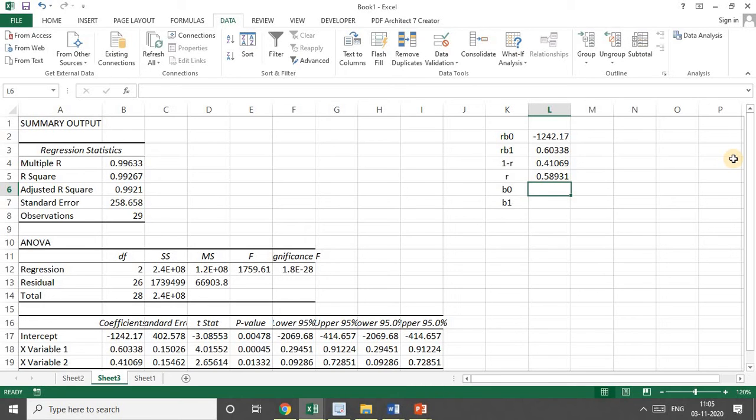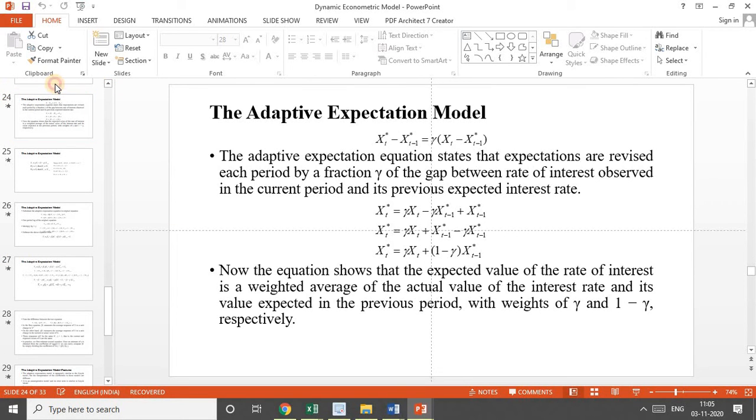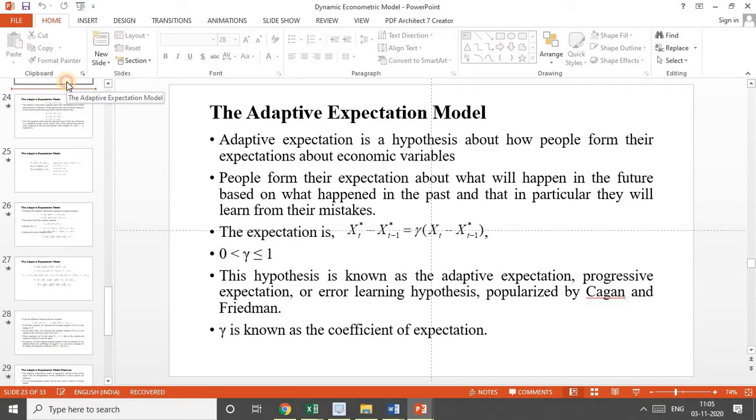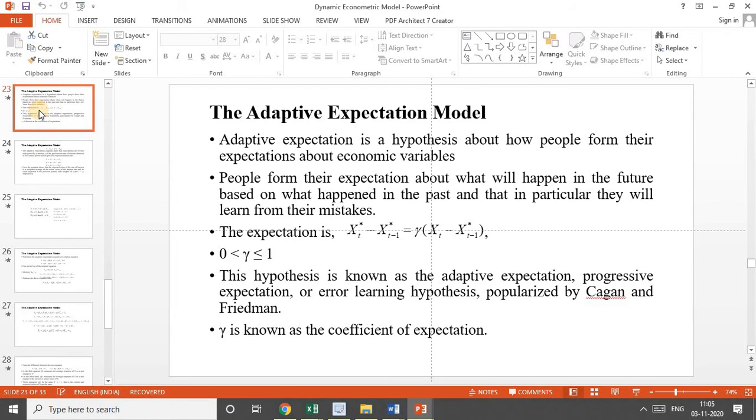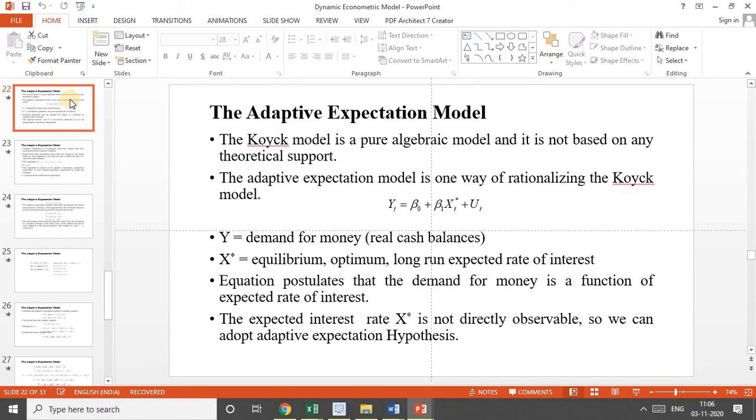Now we have estimated this newly derived equation, but basically we don't need this equation. What we actually want to find out is the original equation, which has two coefficients, beta 0 and beta 1.